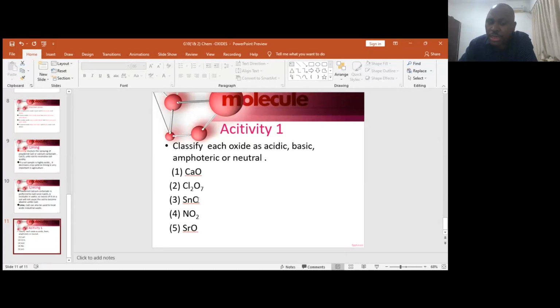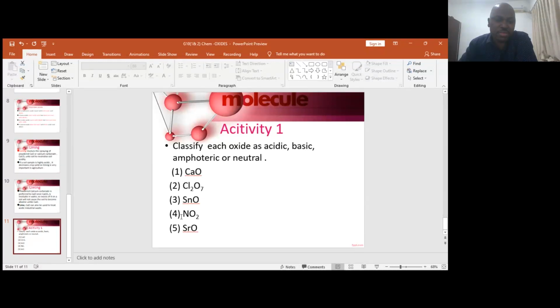The reason is that tin, Sn, is not a non-metal. Remember that neutral oxides are oxides of non-metals, not metals, please. So if I remove this Sn and put N, it becomes a neutral oxide.